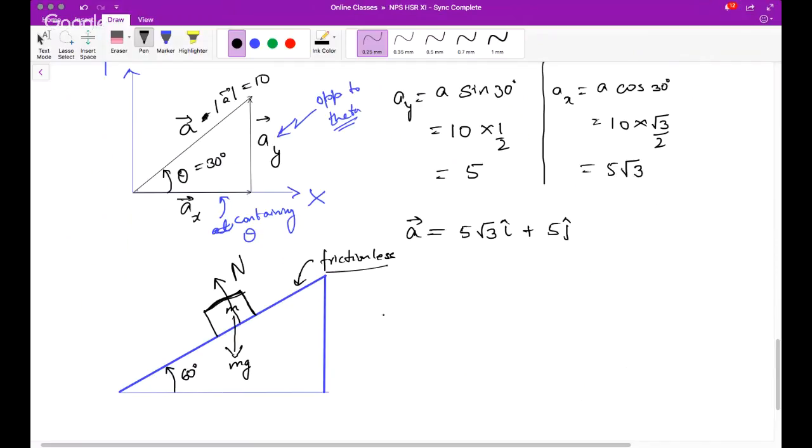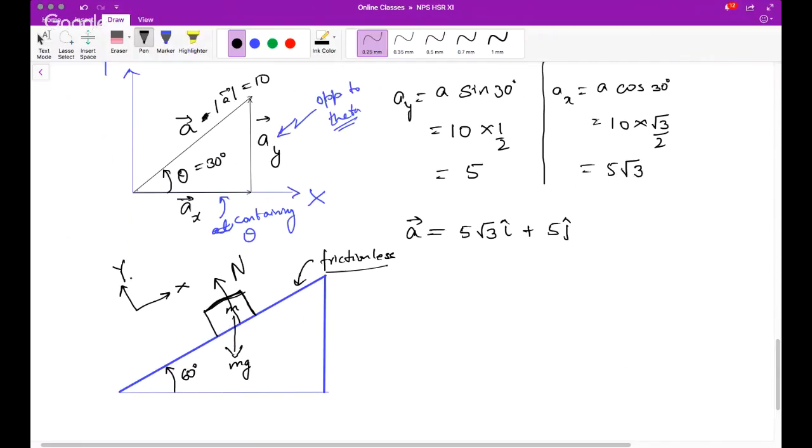So to write Newton's laws for this, what did we do? We determine our x and y axes. It's always good practice to take along the incline as x and perpendicular to the incline as the y axis. So this is my reference coordinate system. Now I have to resolve all the forces in x and y.